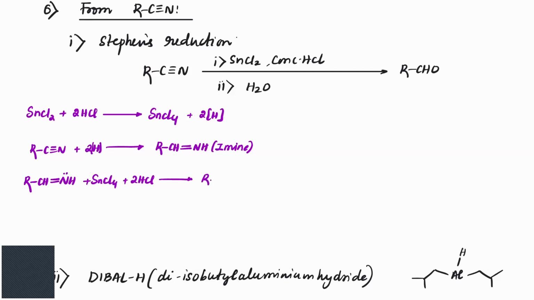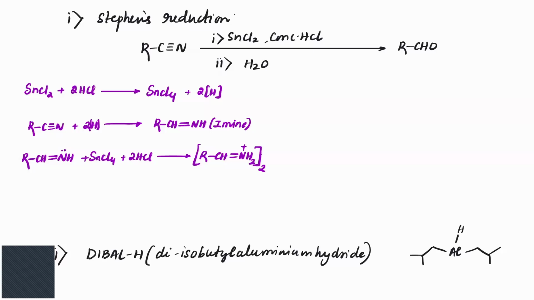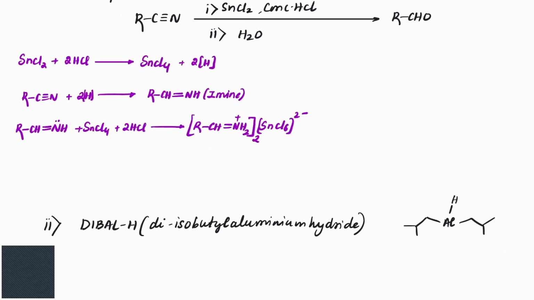So that will convert into RCH double bond NH2 with a plus charge, and that twice it will add 2 times to convert into SnCl6 overall 2 minus. So it will form a tin complex with a hexadentate.